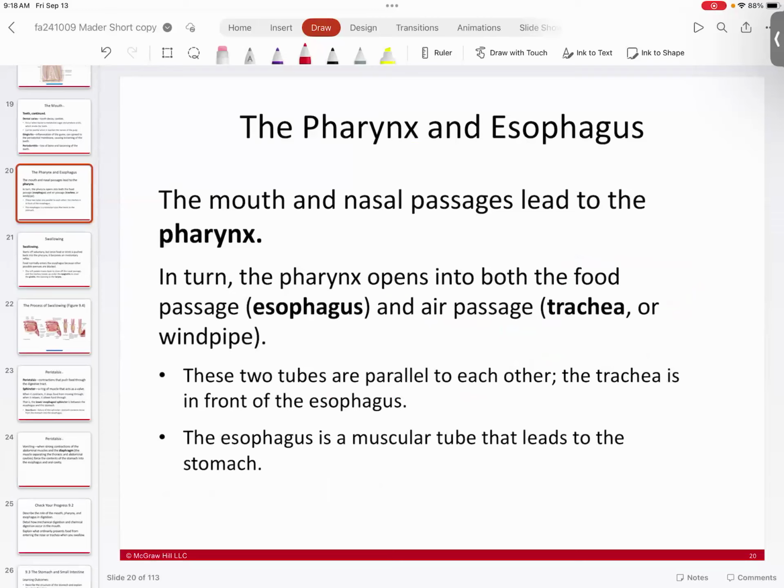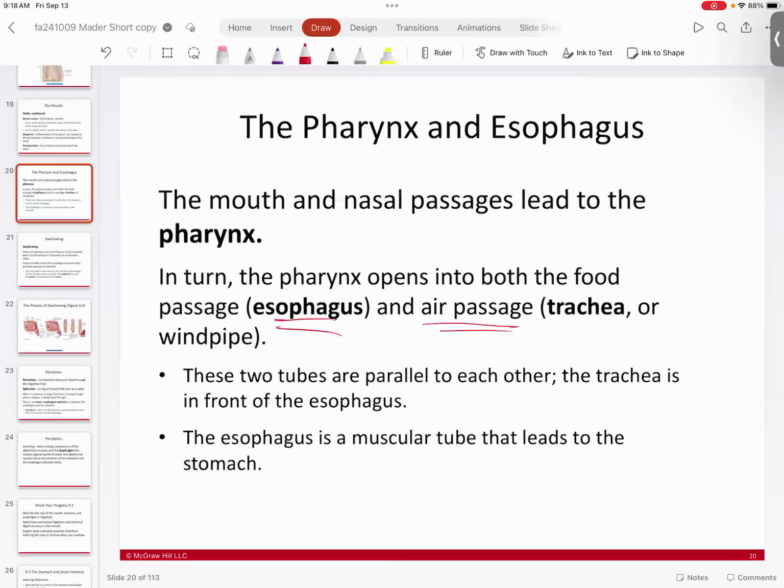So the mouth and the nasal passages basically will lead down into the pharynx, right? We already talked about the nasopharynx. That's the portion of the throat that is connected to the nasal cavity. And then the pharynx will basically open up into another passage, the esophagus, which starts to head down into your chest, along with your trachea, which is taking in air.